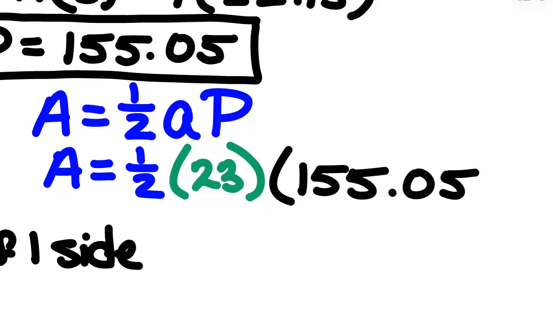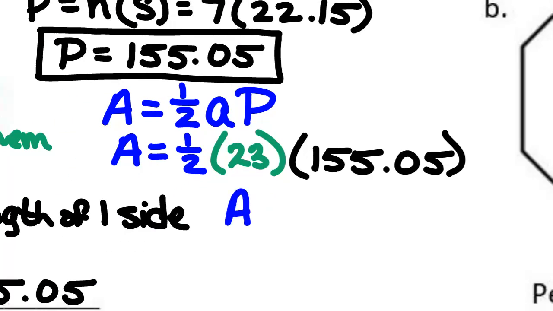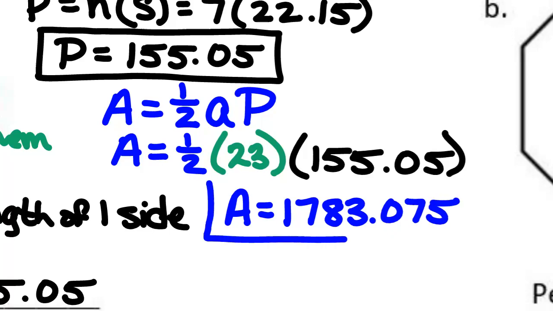And then we take that and put it into the calculator. We get an area of approximately 1,783.075 units squared.